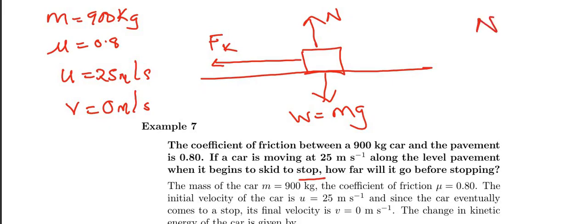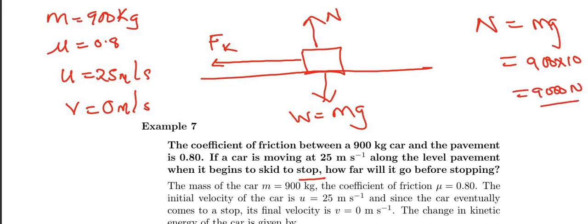So for the normal force, I'll just use 10 as my g to make life easy. We just get 900 times 10, which gives us 9,000 newtons as the normal force. Then friction is simply equal to the coefficient of friction times the normal force.